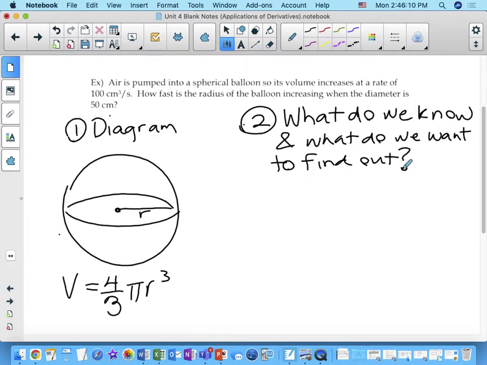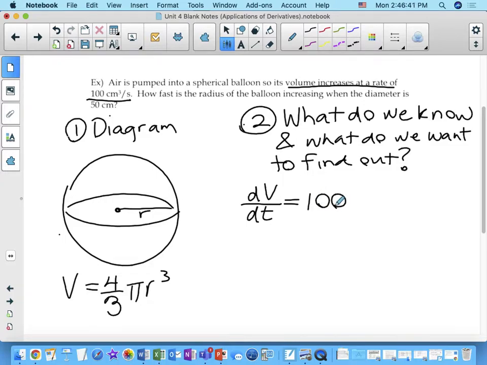So one thing we know is this: volume increases at a rate of 100 centimeters cubed per second. Per second means with respect to time. So that is dV by dt, the instantaneous change in volume with respect to time, and that is 100.